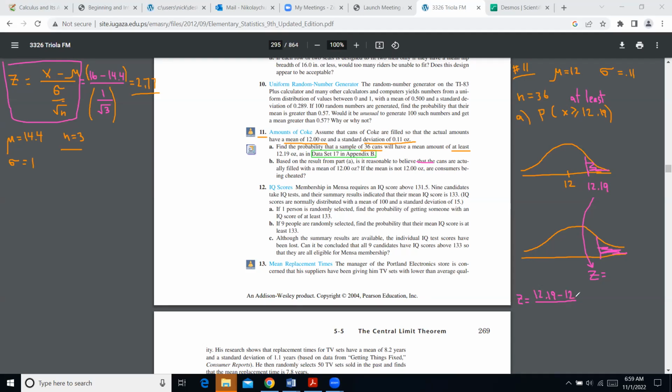Then I divide this by the standard deviation 0.11 over the square root of the sample size, which is the square root of 36. And we use parentheses around the numerator as well as around the denominator. So that's how we get our z.